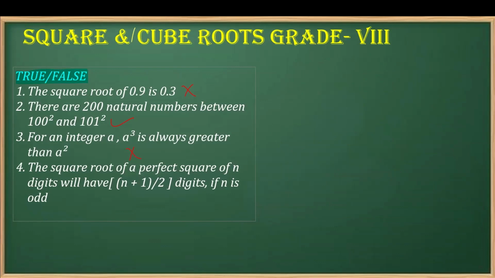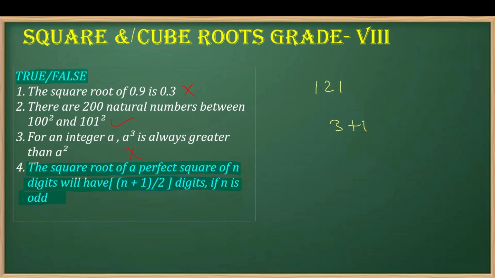In the last part, it says the square root of a perfect square of n digits will have n plus 1 over 2 digits if n is odd. Yes, that's true. Like for example, if I take a 3-digit number which is a perfect square, let's say 121, which is a perfect square.